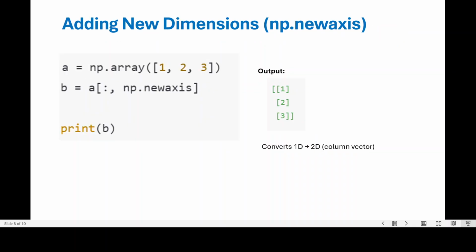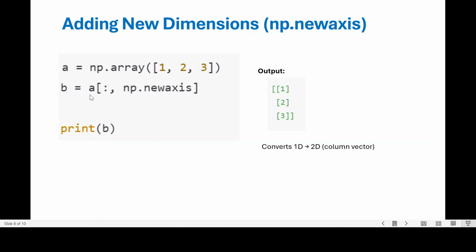Next we are going to see about adding a new dimension by using np.newaxis. Sometimes we need to increase the dimension of an array. NumPy provides np.newaxis for this purpose. It allows us to convert a one-dimensional array into a row vector or a column vector. Let us understand this by using the following code. Here I am creating a single-dimensional array by using the function np.array and storing it in variable a.